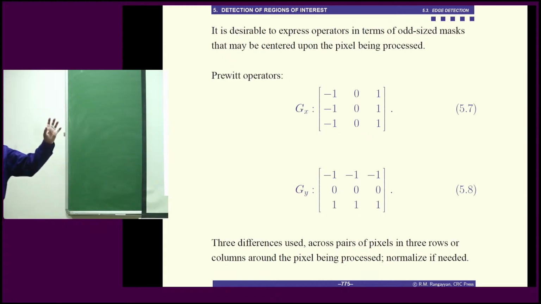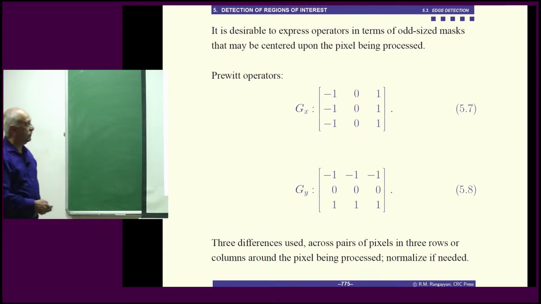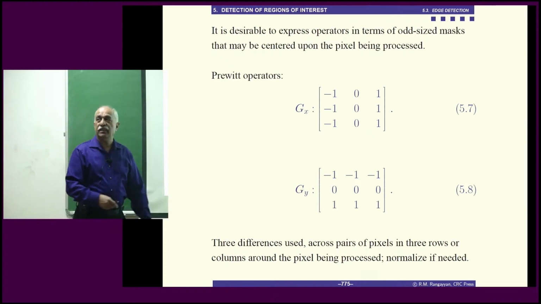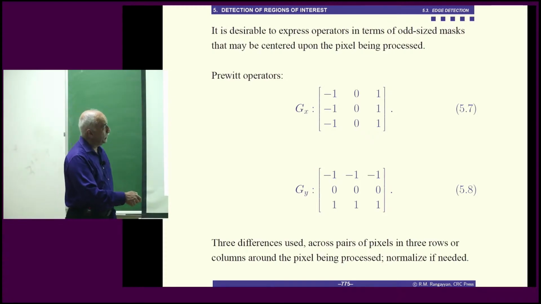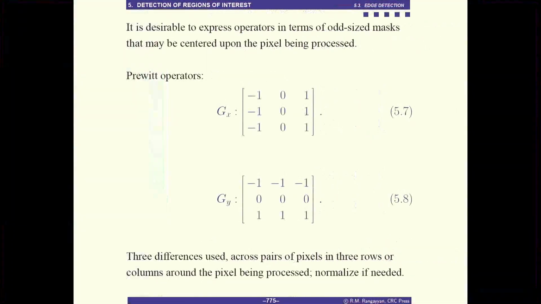The sum of those is 0. So it's a derivative. Vertical, again the same idea. Combining 2 of the derivatives forward and backward, you only get this. But now you say, I'll take the one before and after in that direction, make a nice 3 by 3 mask. And they're known as Prewitt operators.